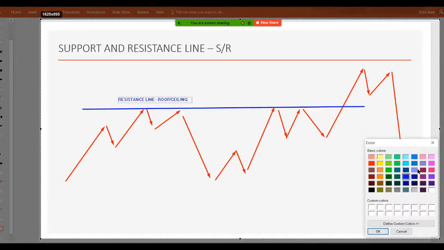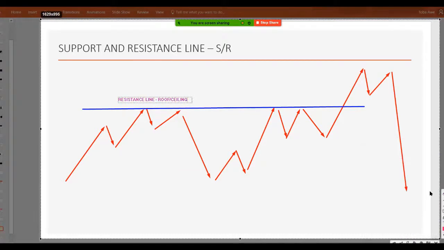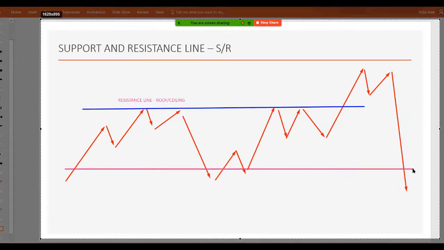On the flip side, I have a support line. I notice at every point in time, price gets to a particular level and the price bounces up. It got to this part, it bounced up, came back again, it bounced up.